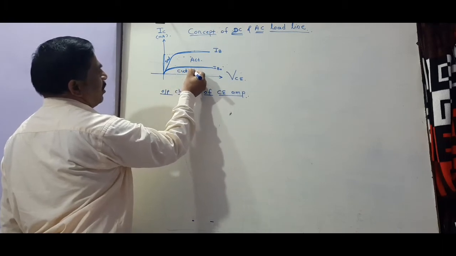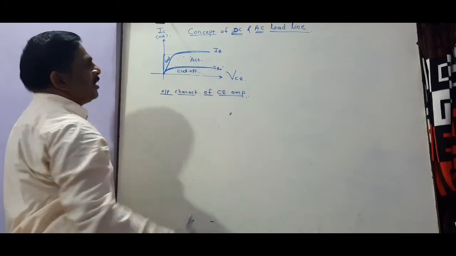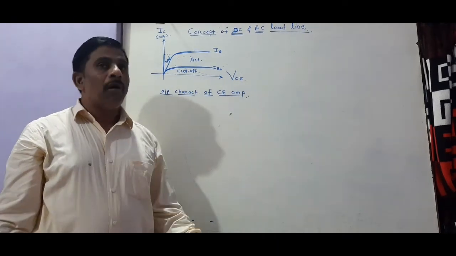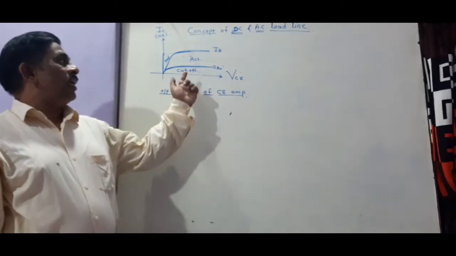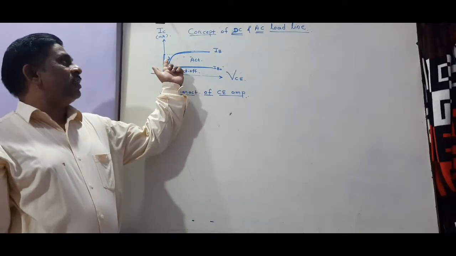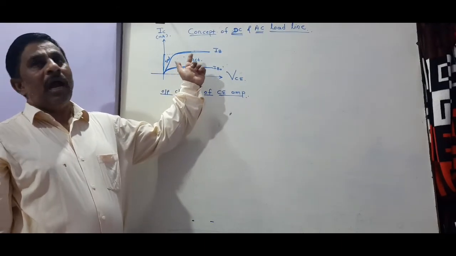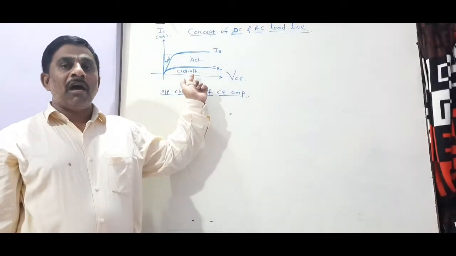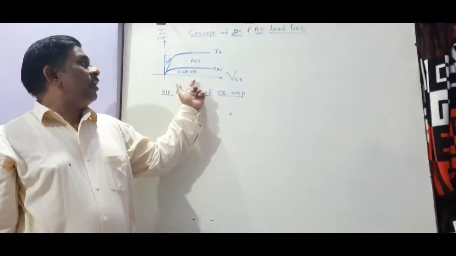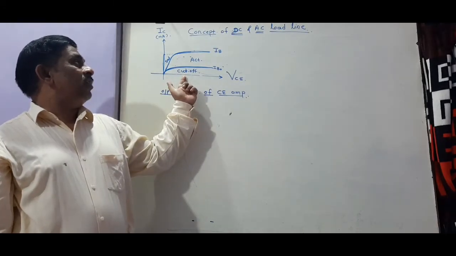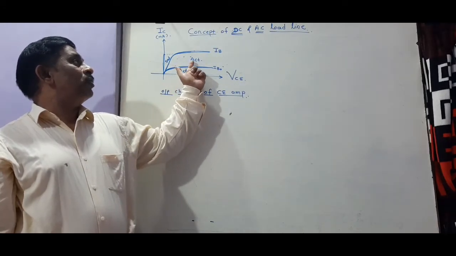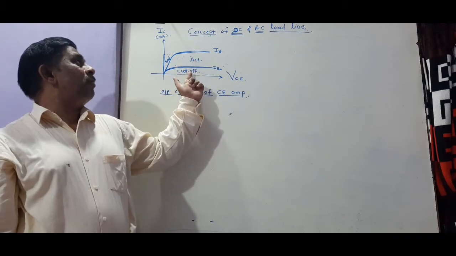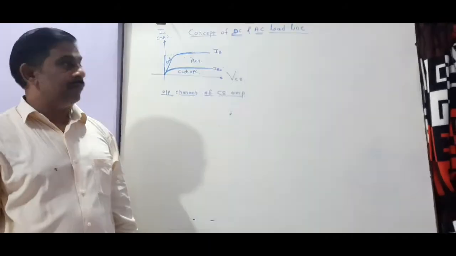Generally there are four operating regions: active, saturation, cutoff, and inverted region of the transistor. In normal mode, we get three regions, therefore we have shown three regions on the characteristics named active, cutoff, and saturation.